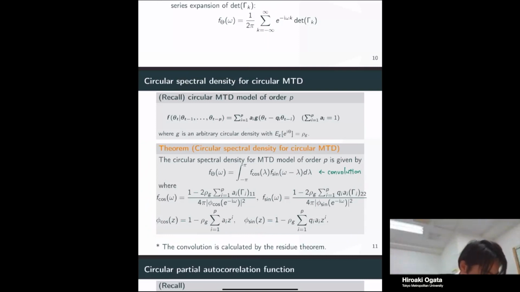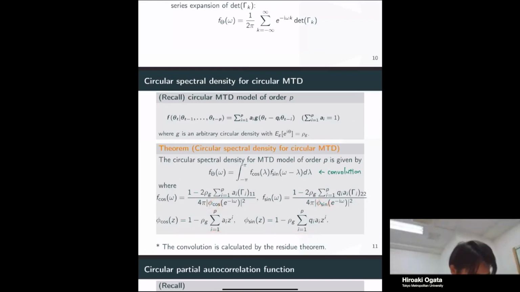Anyway, the circular spectral density for this model is given by this convolution expression. Here, f_cos and f_sin are the circular spectral densities of the cosine and sine processes. And here, φ_cos and φ_sin are the normal equations of the cosine and sine processes.